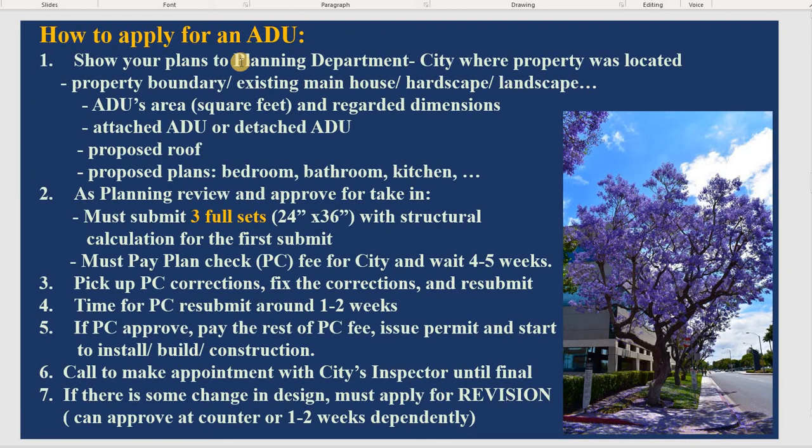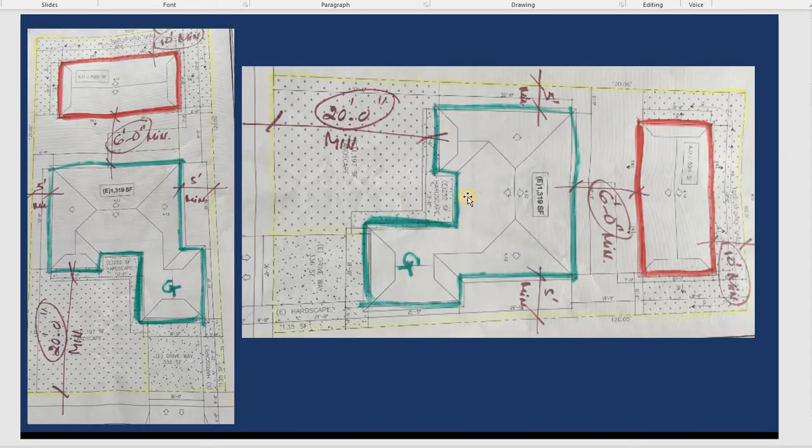You submit or you show your plan. Your plan, that means your house, your existing house, and where you want to design the ADU. Simple like this. And you need to share with them about the landscape and the hardscape. The landscape is the one where you plant the grass or something already. The hardscape is the one with the concrete slab right now.